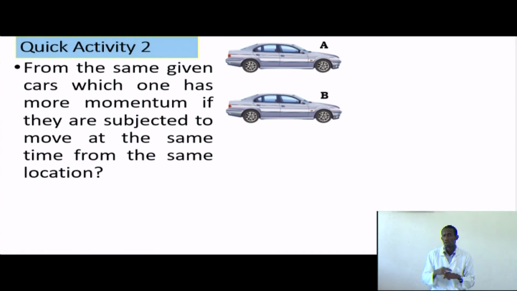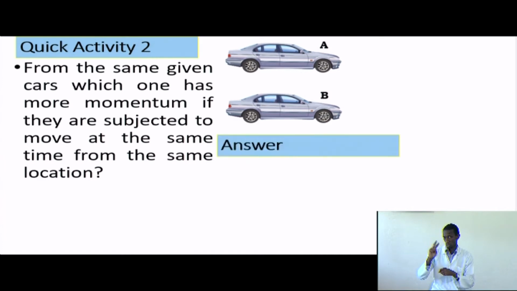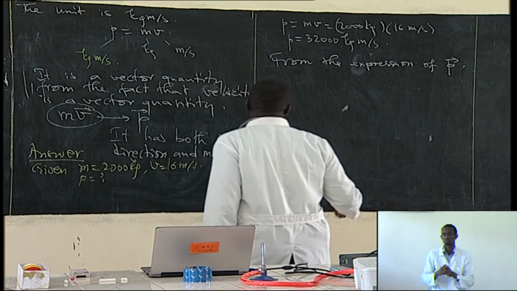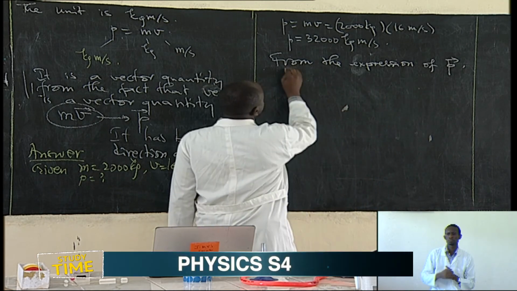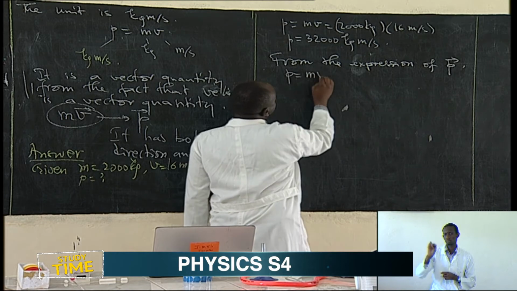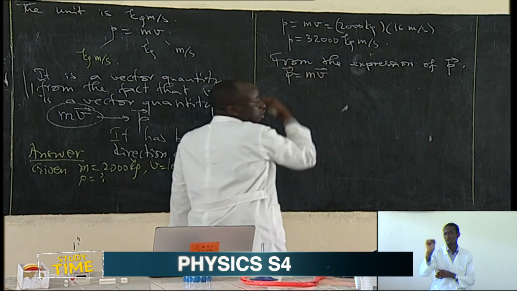As we saw in the formula, from the expression of the momentum, okay, the answer is that one, but we are going to explain. So from the expression of the momentum, we know momentum equals mv, like this one.